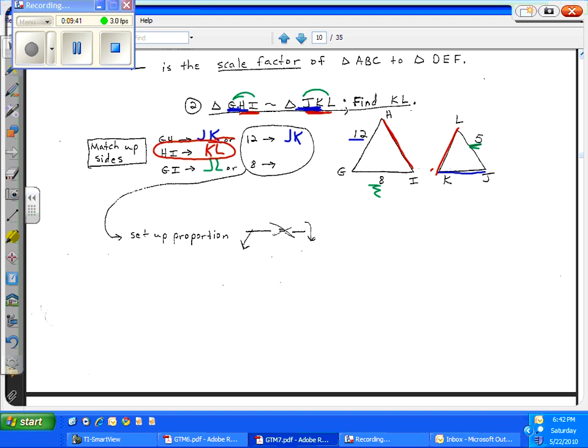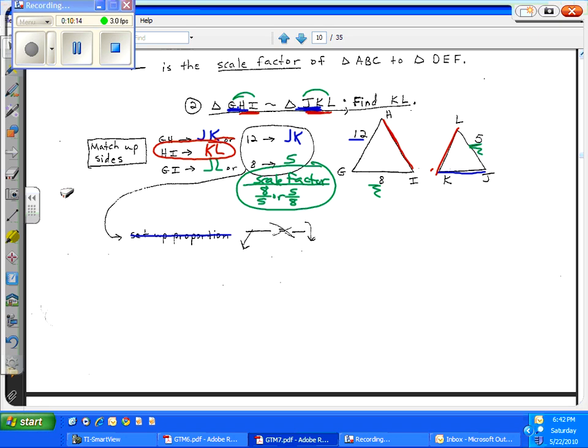It corresponds to JL, which is 5. Now, this is the pair we know. So our scale factor, if we wanted to use a scale factor, is either 8 over 5 or 5 over 8. We'll use it in a moment for dimensional analysis down here at the bottom.